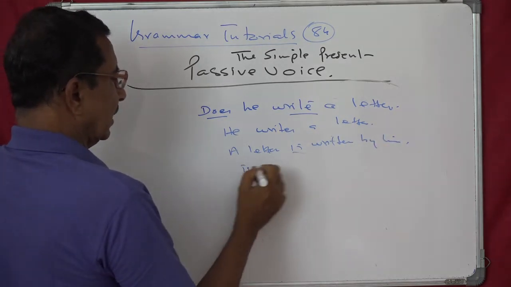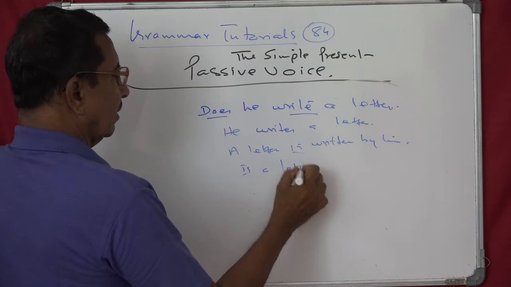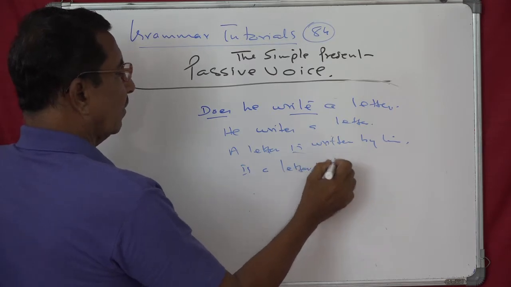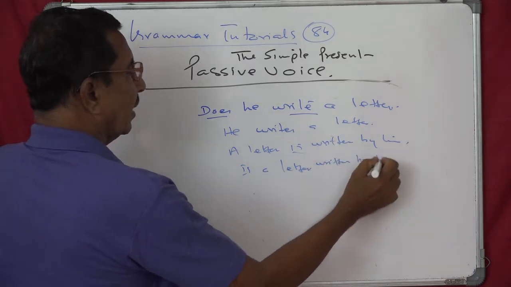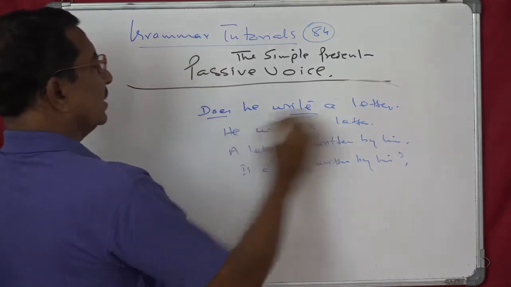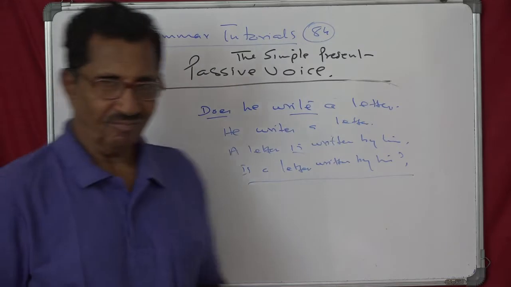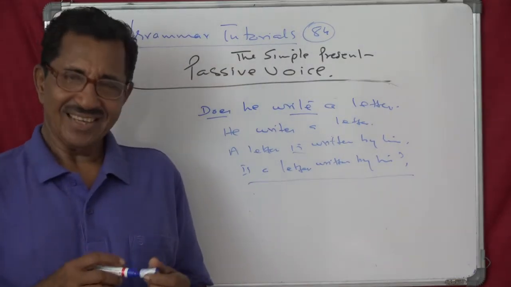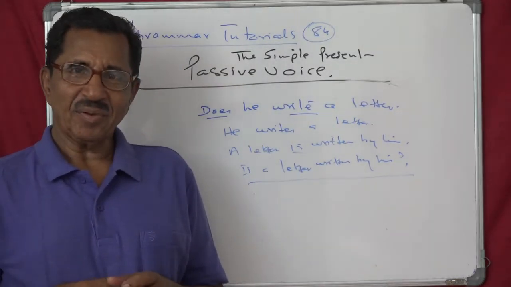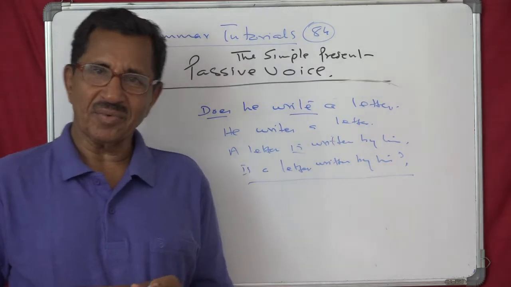Question: is a letter written by him? Question: does he write a letter? Passive: is a letter written by him? Listen. Tomorrow we will do an exercise, then things will be more clear.